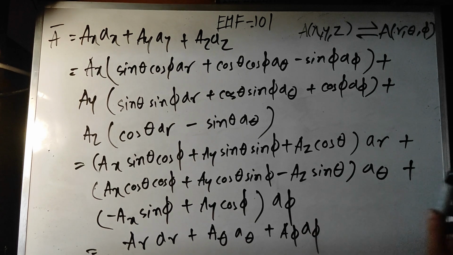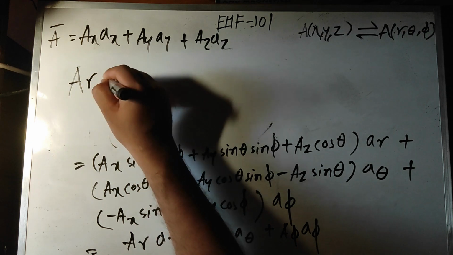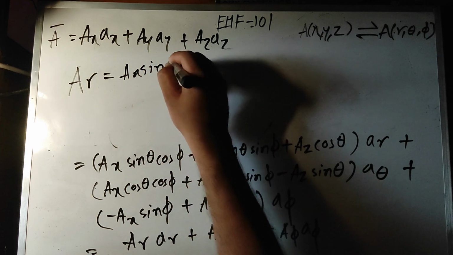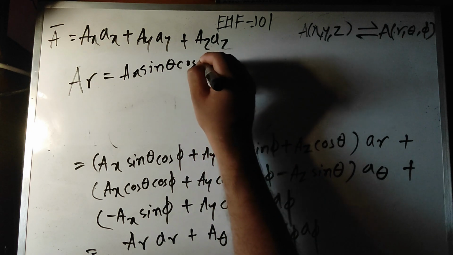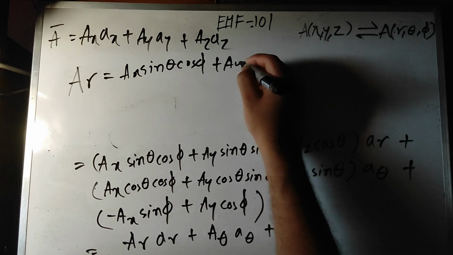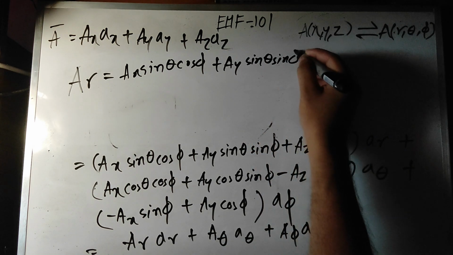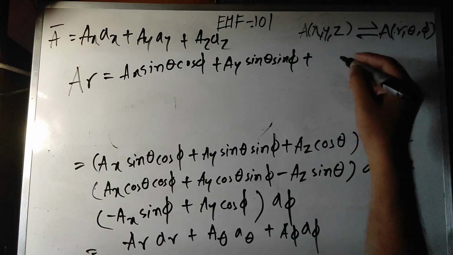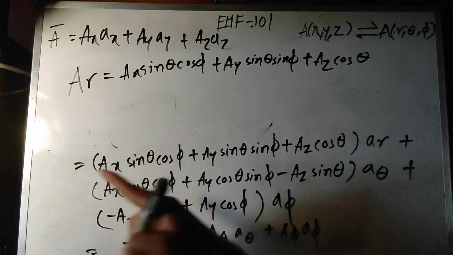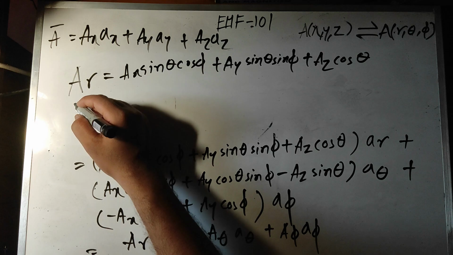Now after the transformation we find Ar equals Ax sin theta cos phi plus Ay sin theta sin phi plus Az cos theta. Ar is this in xyz components.